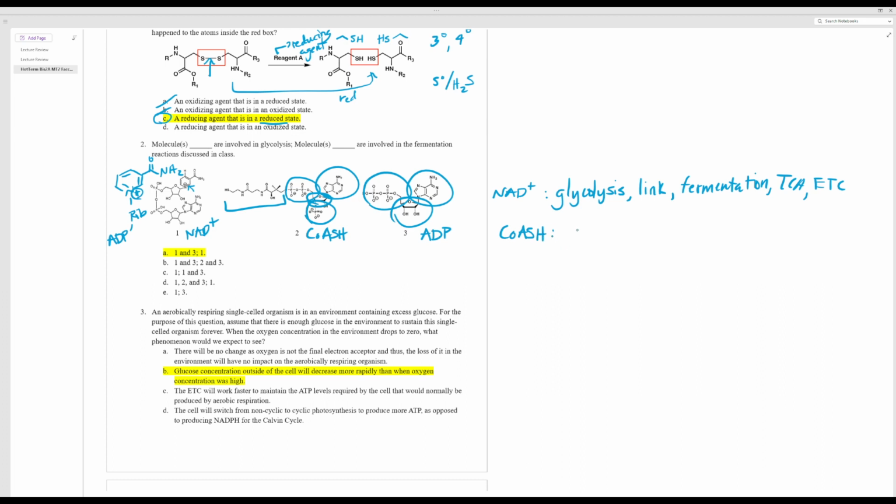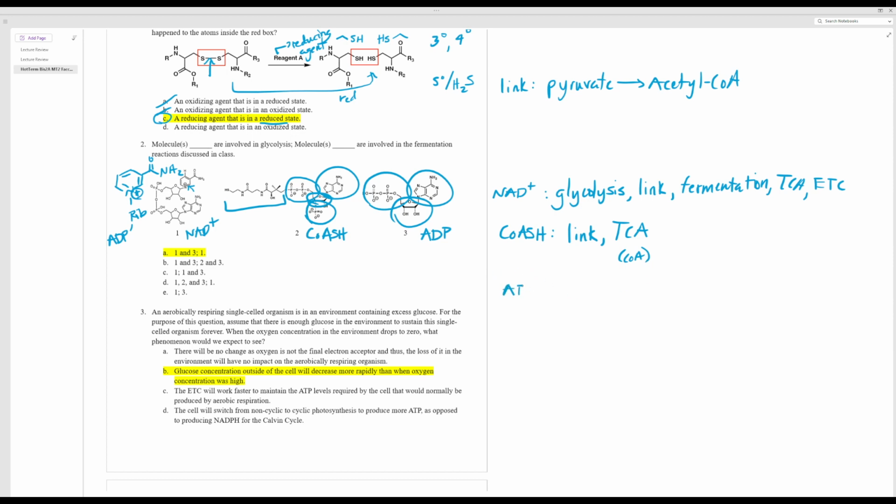Okay, so CoASH is involved in the link reaction, which is the one that takes pyruvate. I don't think this is explicitly stated. The link is going from pyruvate to acetyl-CoA. So this is involved in the link reaction, and you'll also see CoA involved in the TCA cycle.